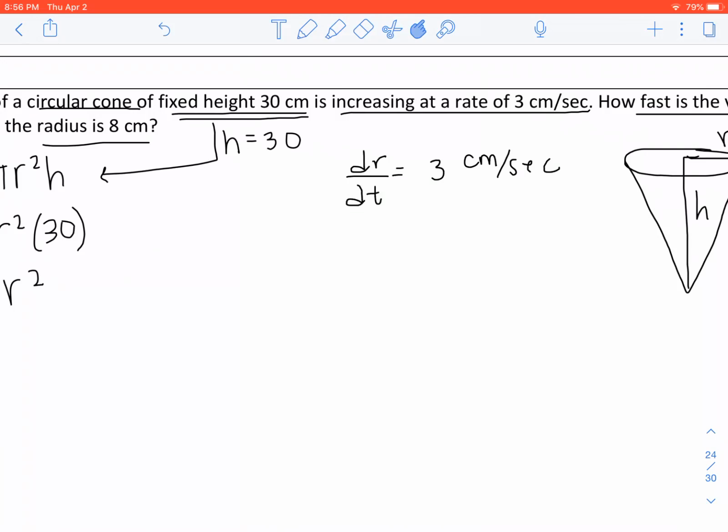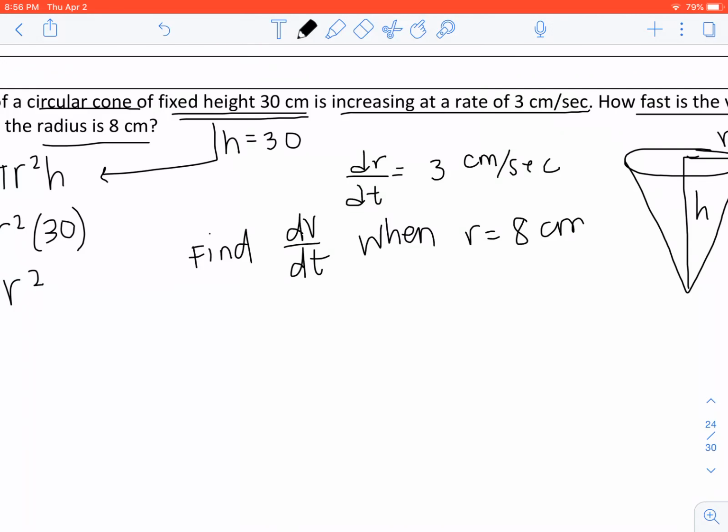And so from here we need to find how fast the volume is increasing. So that's going to be find dV/dt when the radius is 8 centimeters.